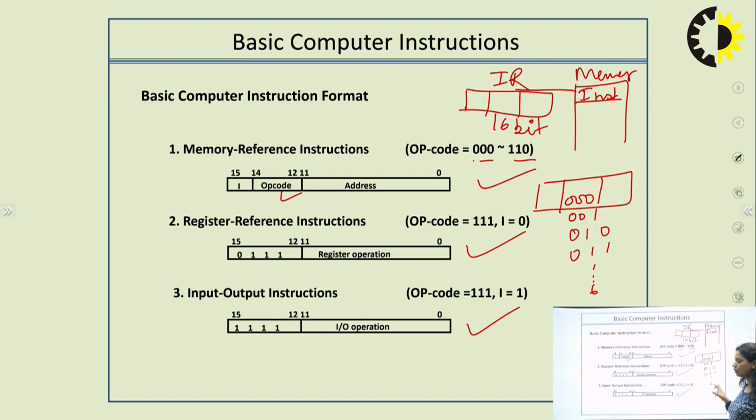So we have in all 7 memory reference instructions. Here the mode bit I will tell whether it is a direct addressing mode or an indirect addressing mode. If the value of I is 0, then it is a direct addressing mode, and when I is 1, then it is an indirect addressing mode for memory reference instructions.